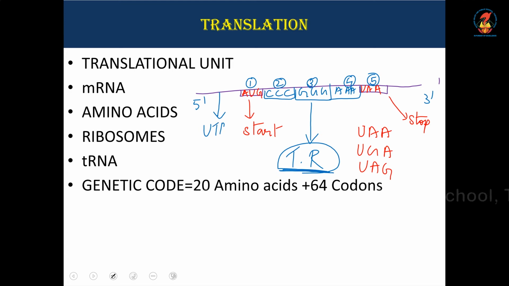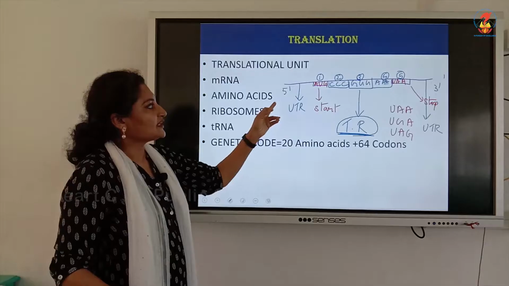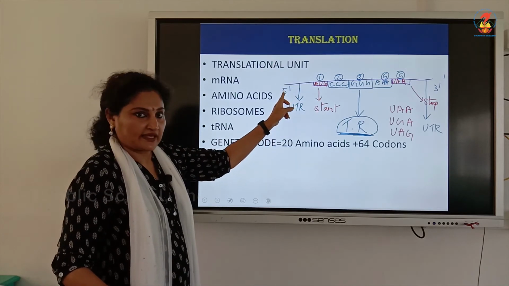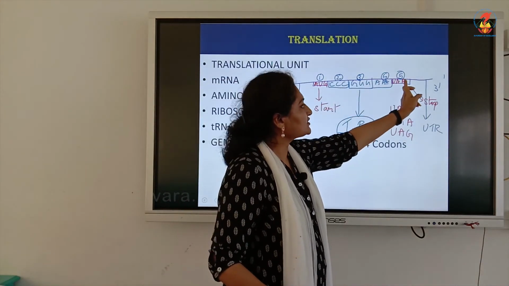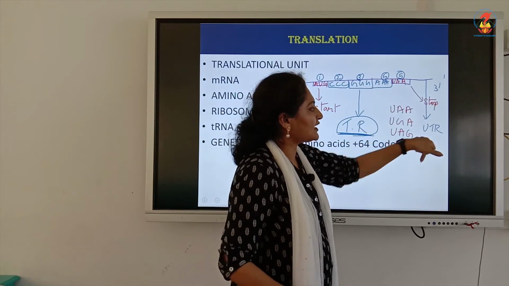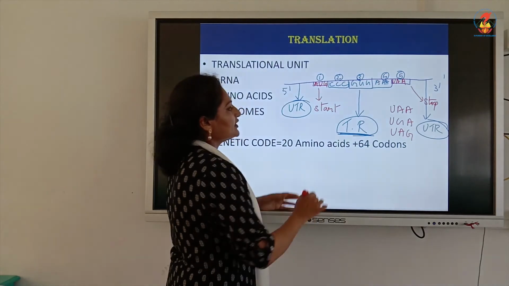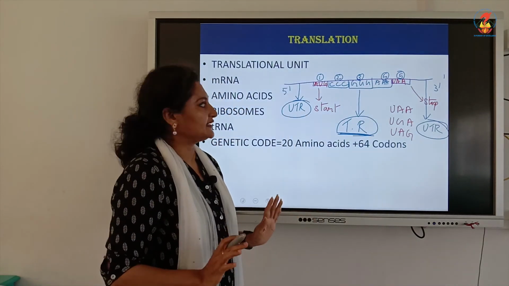What is UTR? Untranslated regions. The region before the start codon at the 5 prime end and the region after the stop codon at the 3 prime end are called the UTR. So, what is the middle? It is called TR. TR means translated region.